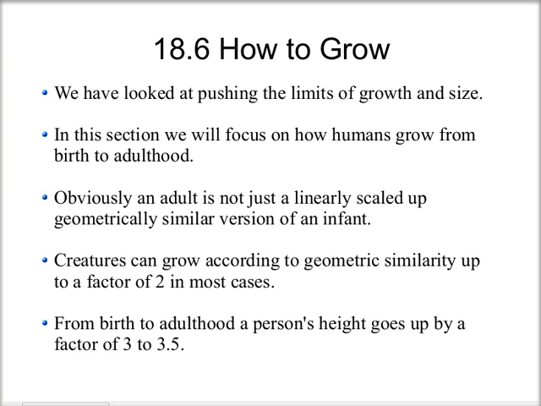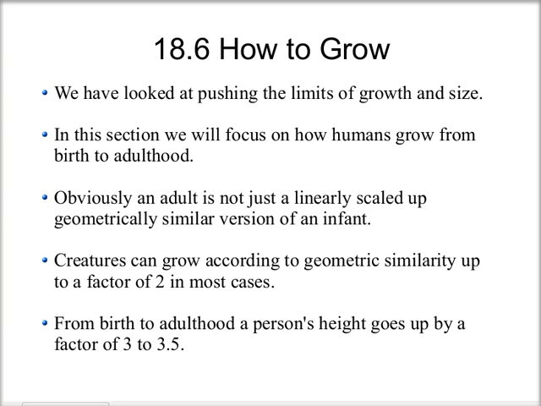As a general rule, most creatures can grow according to geometric similarity up to a factor of about 2. And from birth to adulthood, a person's height goes up by a factor of around 3 to 3.5. So we're not going to grow in a geometrically similar manner.